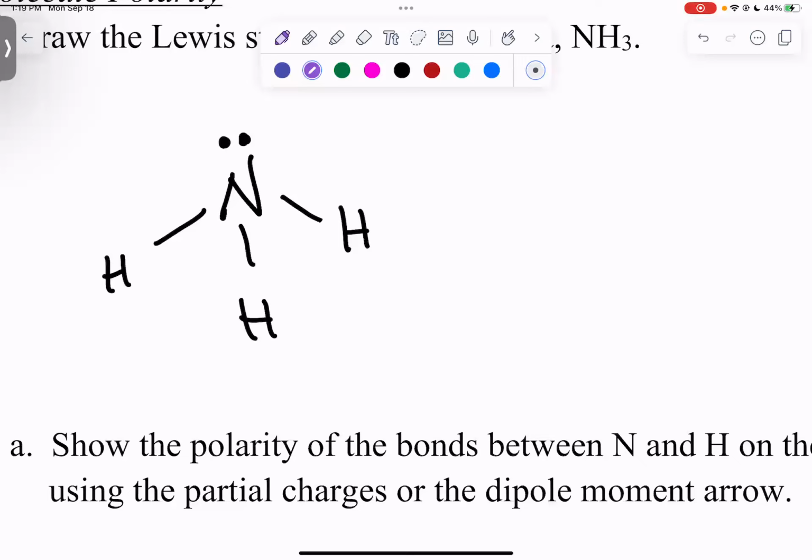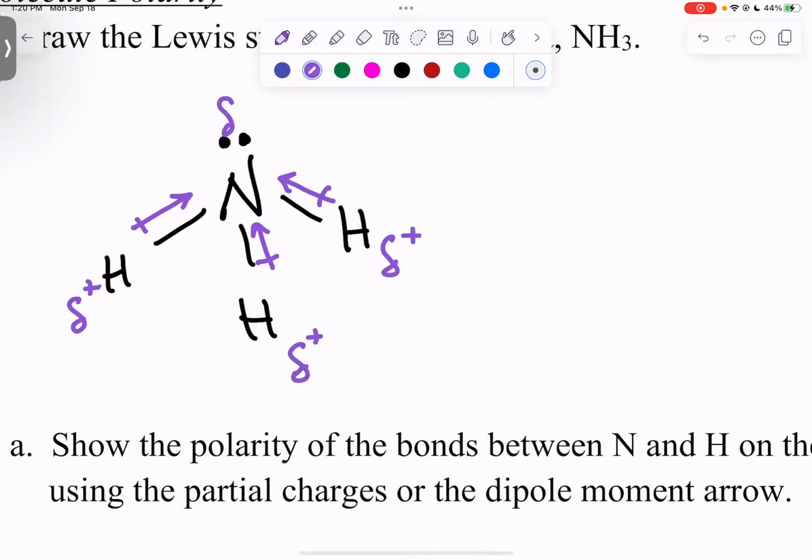Who's closer to fluorine the floozy? Nitrogen is closer to fluorine the floozy, so the electrons are going to go to that more electronegative nitrogen. Same thing. So what's going to end up happening is that each hydrogen becomes partially positive, while the nitrogen becomes partially negative.